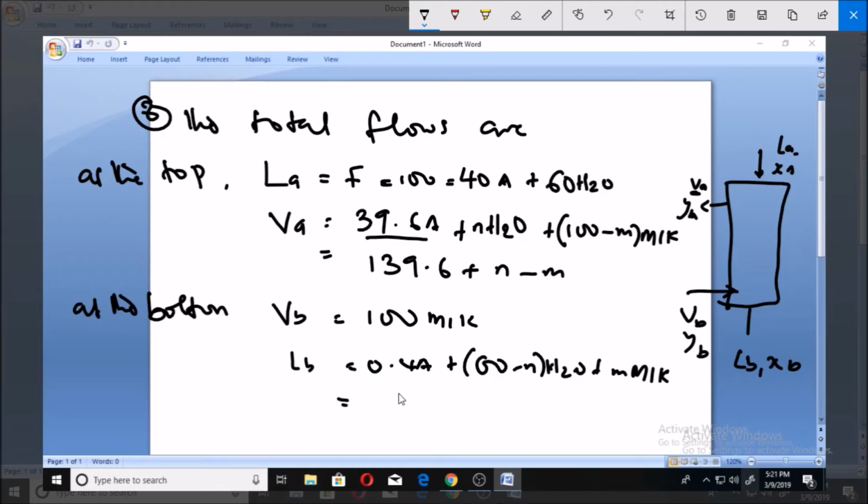If you solve this out, you have 60.4 plus M minus N. So that is the material balance. Very, very important. You need to get down this material balance. This is for the top and this is for the bottom.